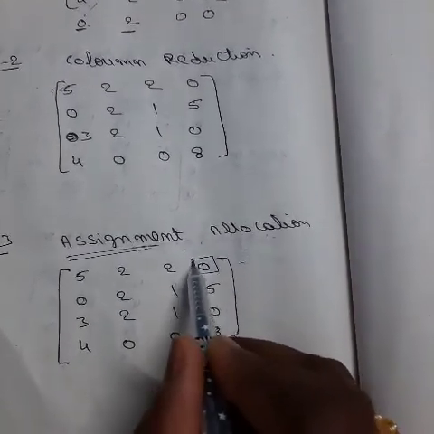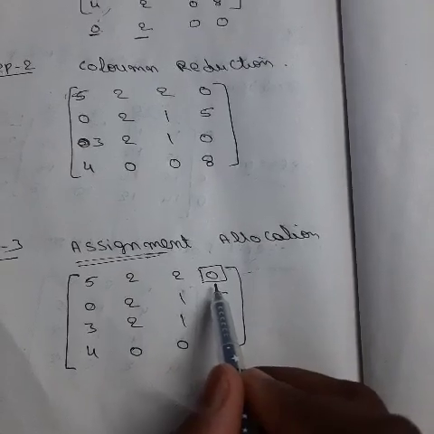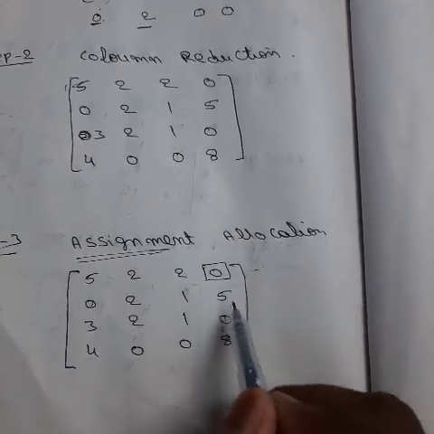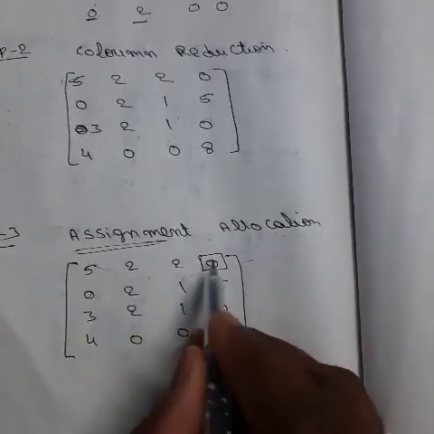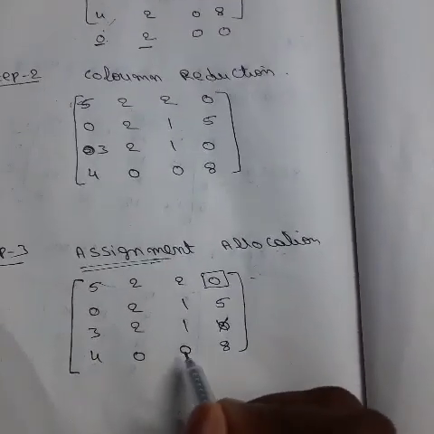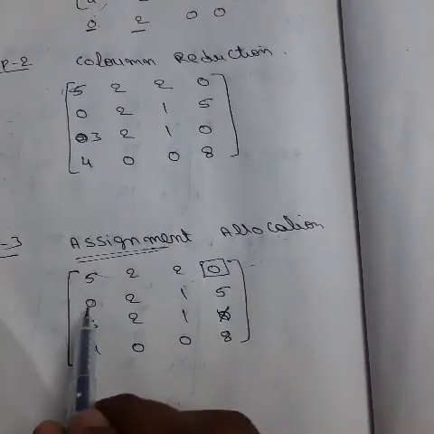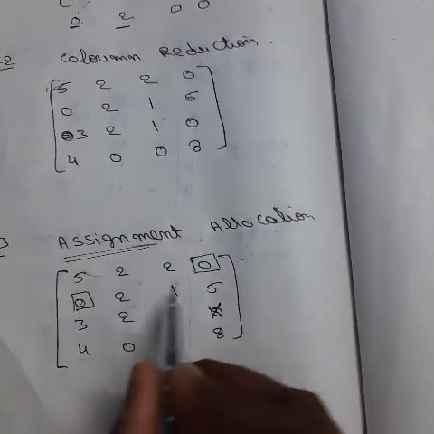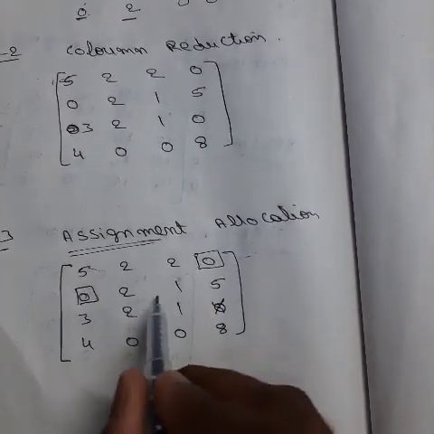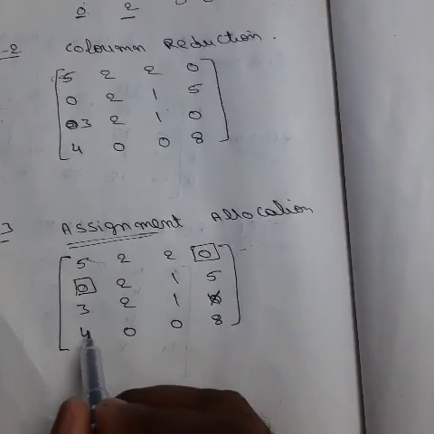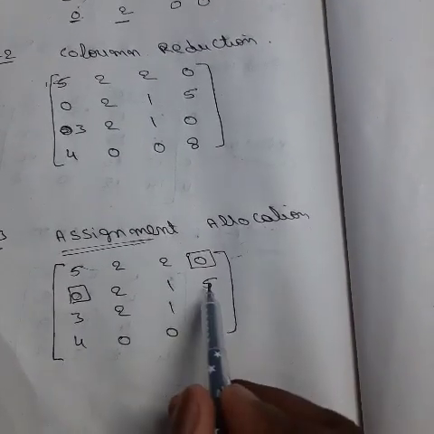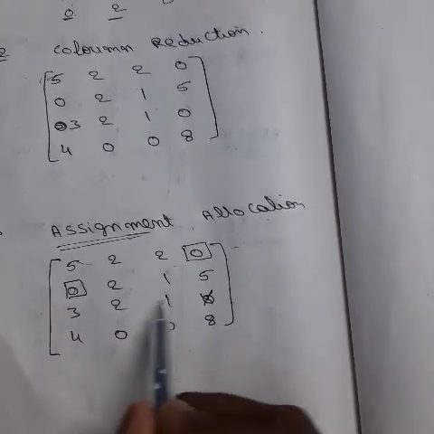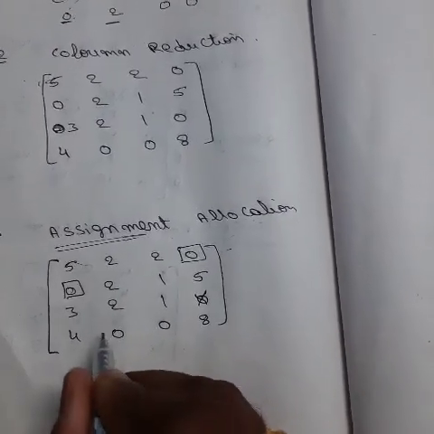Mark the assignment with a rectangular box and strike off any zeros in that corresponding row or column. Next, in the second row there is only one zero, so mark it and strike off any zeros in its corresponding row or column. There are no zeros in the third row, and then there are two zeros.